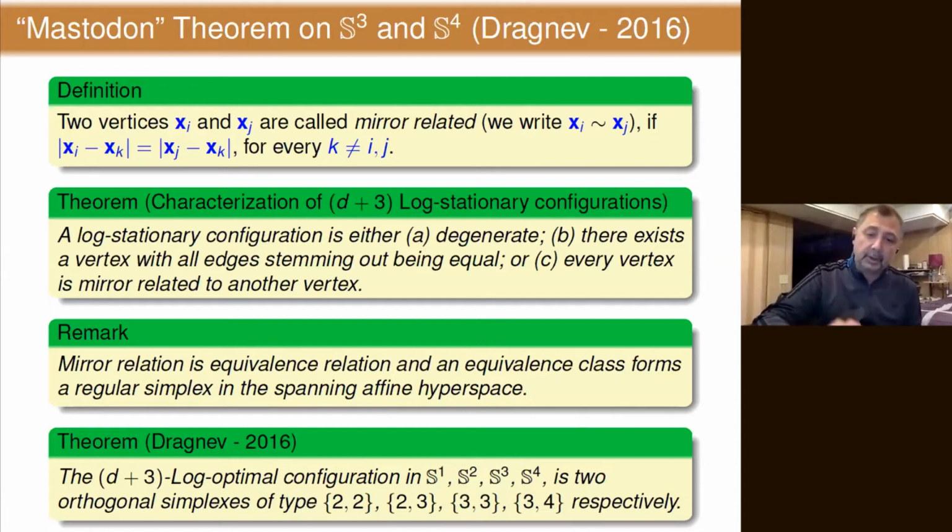That's really the north-south pole and the regular triangle, the equilateral triangle. In S4, one ends up with a triangle and a tetrahedron, both orthogonal to each other, as the result.